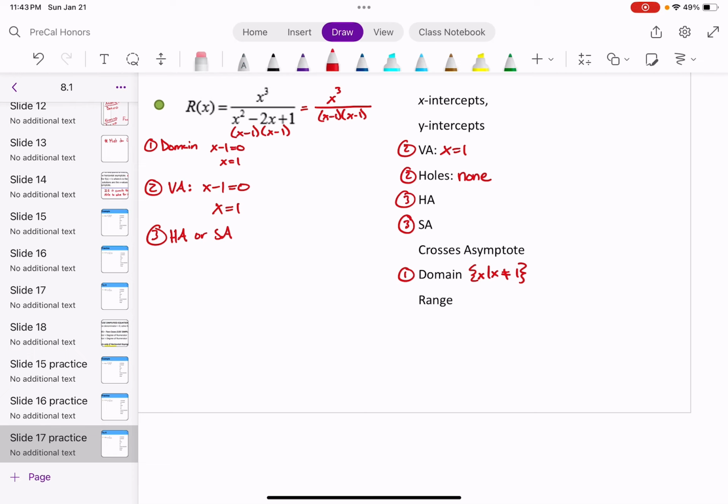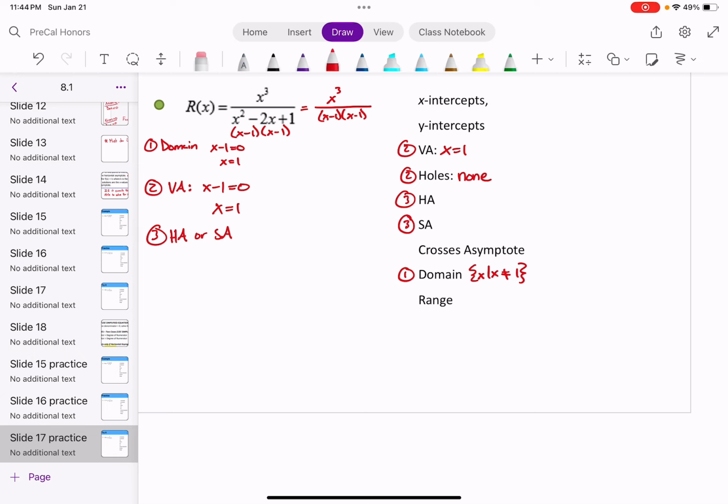So we start off with taking a look at the degree of our problem. Now, anytime that we have a difference of 1 with the numerator being greater than the denominator, notice here we have x to the third, and in the denominator we have x squared, we will have a slant asymptote.